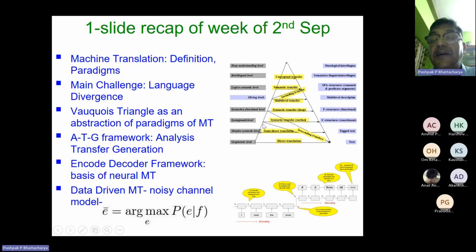Let's say from the Bengali parse tree, I directly produce the Assamese sentence without first obtaining an Assamese parse tree. Why so? Because the Assamese parse tree will be identical to the Bengali parse tree, except for some of the words being different in Assamese.